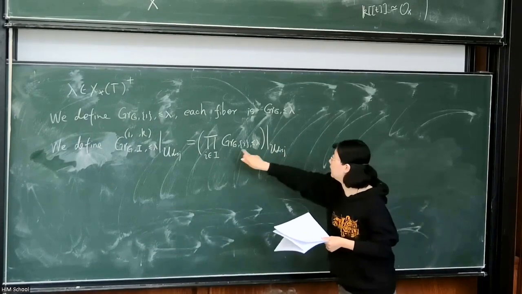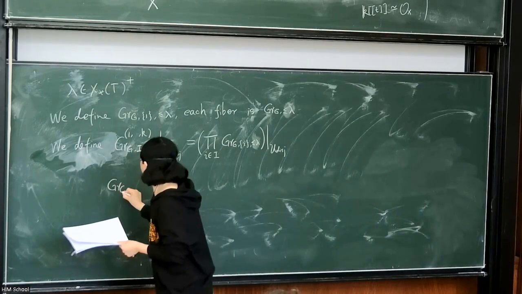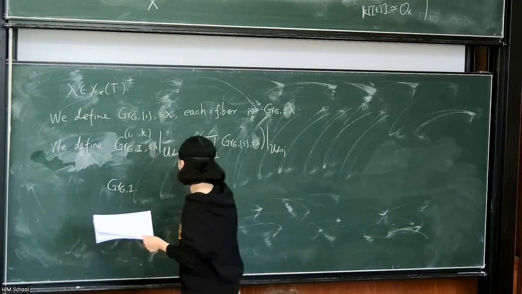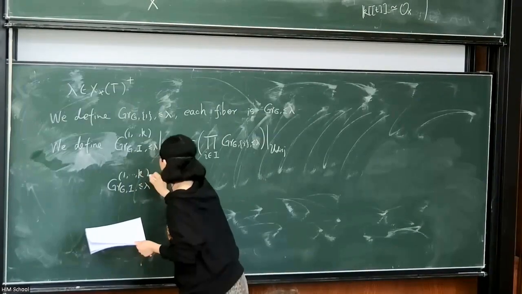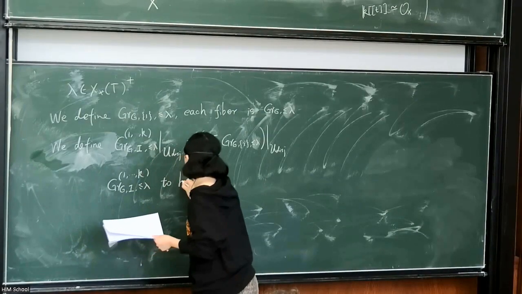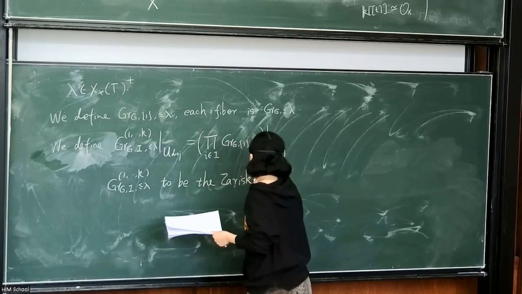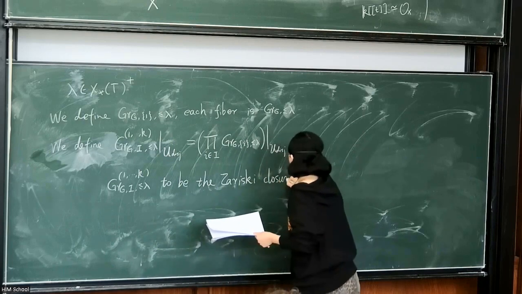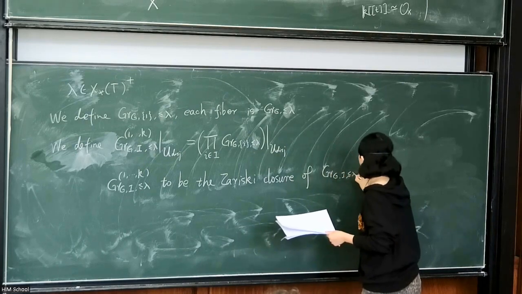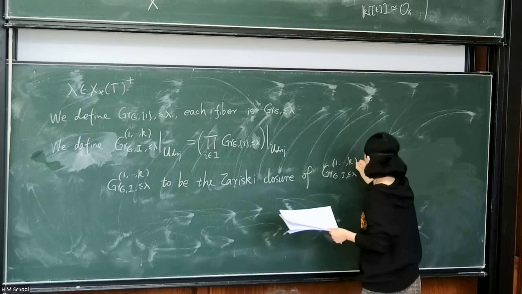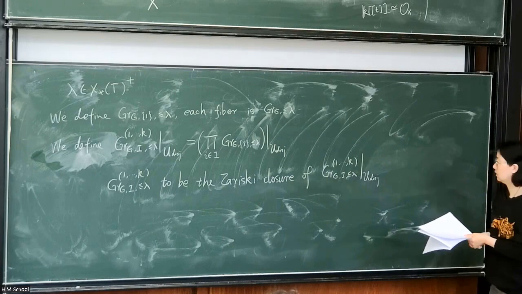So on the open, we define it as a product, and then we take the Zariski closure of this.